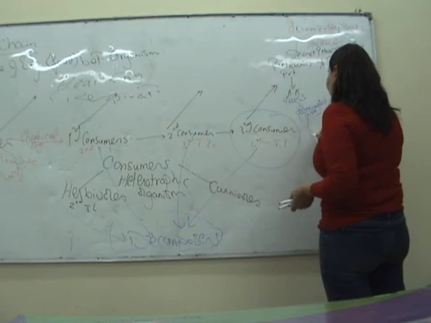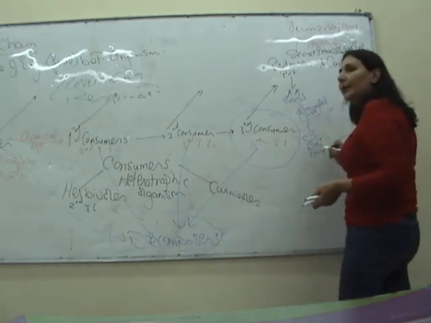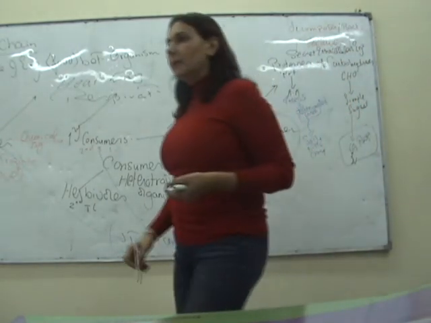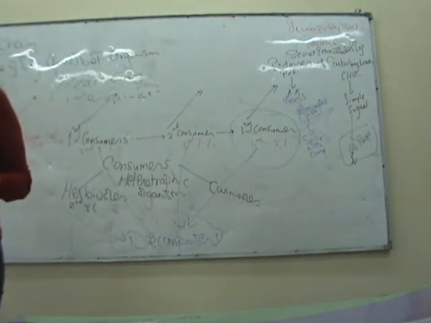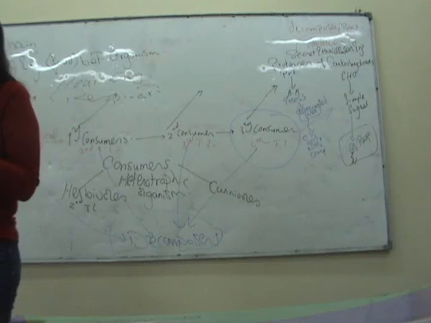And urea is released in the soil in the form of ammonium compounds, because urea is made of ammonia. So the bacteria is recycling the nitrogen back to the soil so the plant can reuse it again.